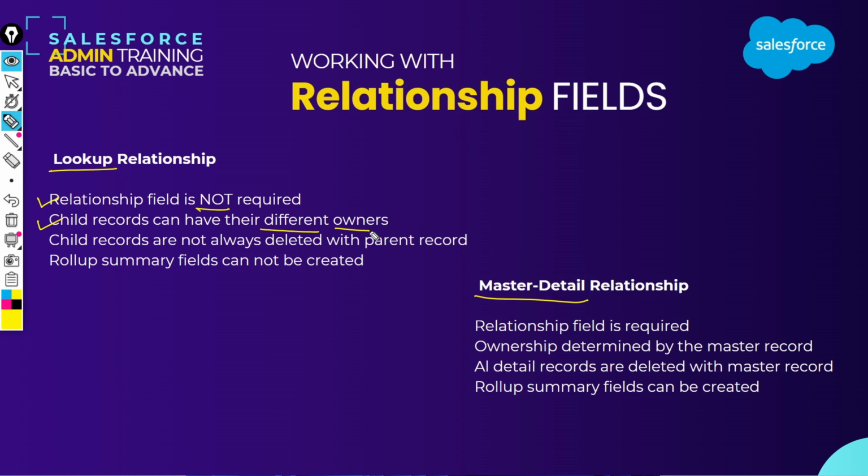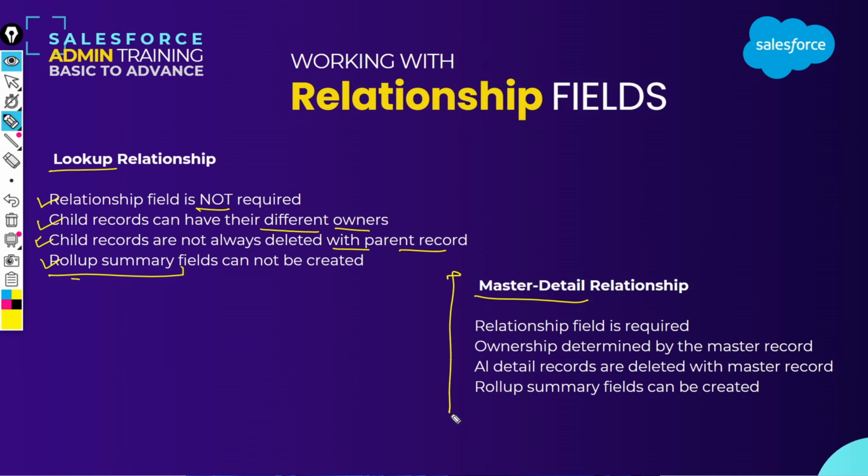Child records are not always deleted with the parent record, because child records can exist without a parent. Roll-up summary fields cannot be created; this option is not available with lookup relationship.